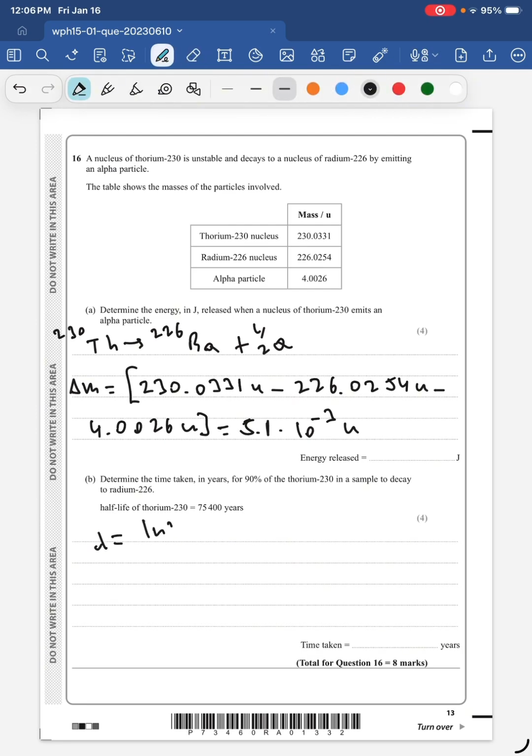Lambda is ln of 2 over T1 half. So I have to actually do it because I was a little bit lazy when I was going over this paper, I guess.